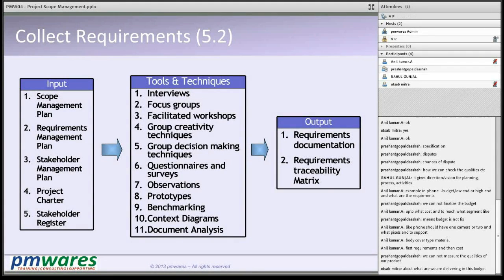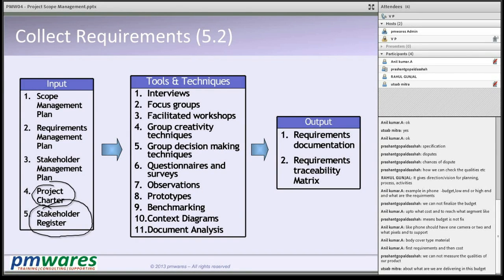Okay, so if you see, the main inputs are the scope management plan and the project charter, because that will help us know what we want to achieve. And the stakeholder register: who are the stakeholders going to participate in collecting requirements.